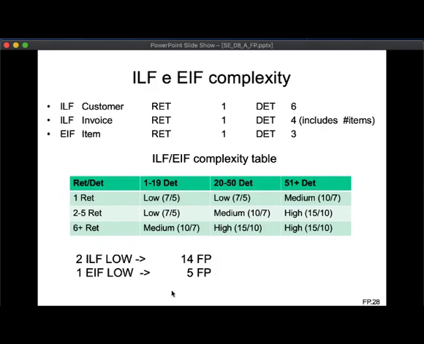This means that we have 14 function points. For the EIF, we have 1 RET, 3 DET, so for sure we are here, and we take 5.